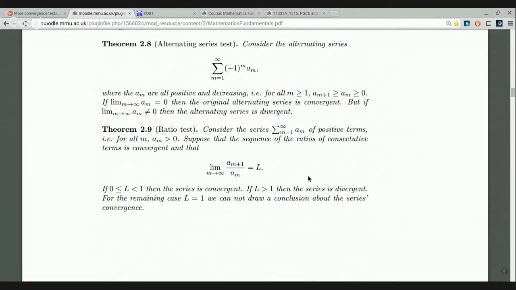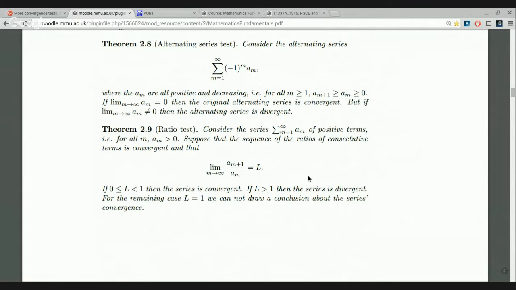Okay? So remember, one way to think about these convergence tests is like a toolbox, a collection of tools, a collection of tests, which, given any particular series that you want to find out about, whether it's a divergent series or a convergent series, you select one of the tools from the bag and you examine the series with that tool, and it may or may not give you a conclusion.